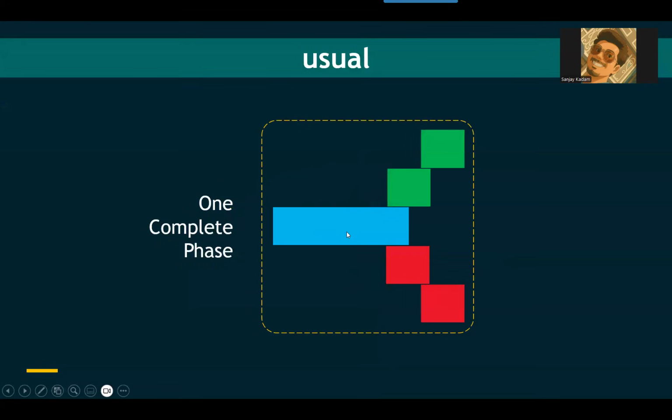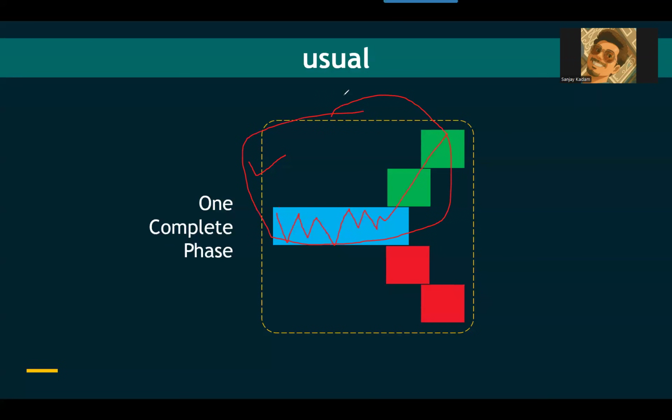And this is a template of one complete phase. Sometimes market price gets stuck in the sideways and breaks up, and this completes one complete cycle.